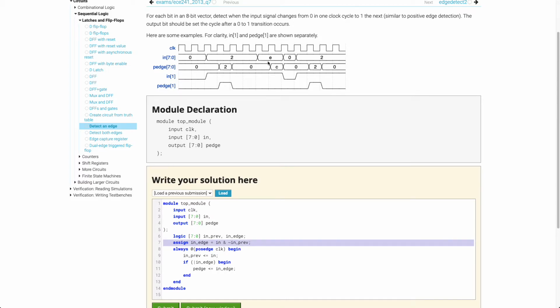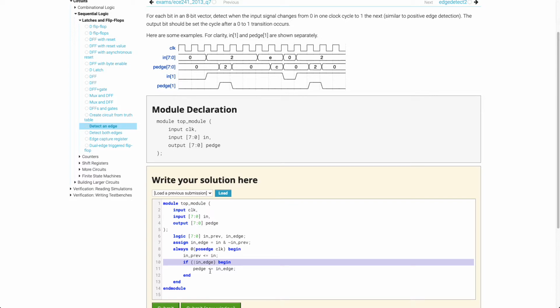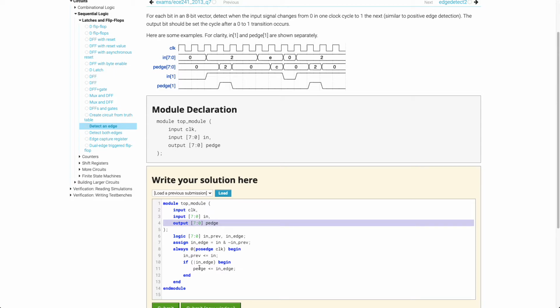So this handles positive edge in this cycle, and it also serves as a gate to say if any is detected in this cycle, go ahead and flop it in the next cycle.